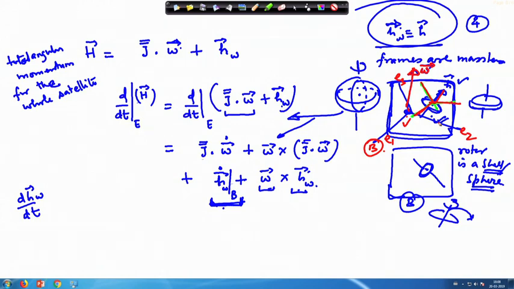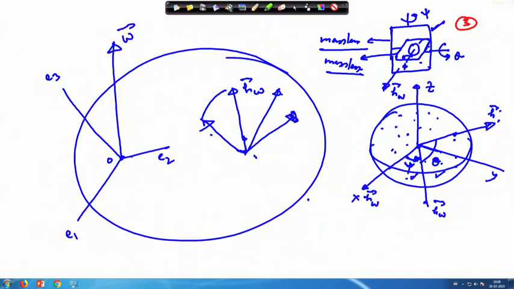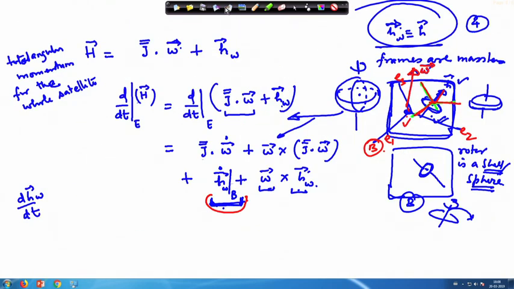The body itself is rotating, and with respect to the body the wheel is also rotating. So in this case this term here and this term here are different, they are not the same, and this difference you should note, and this is a very important part.